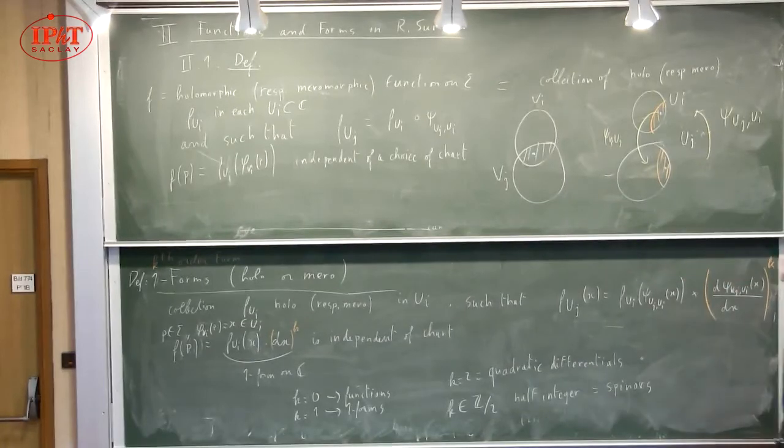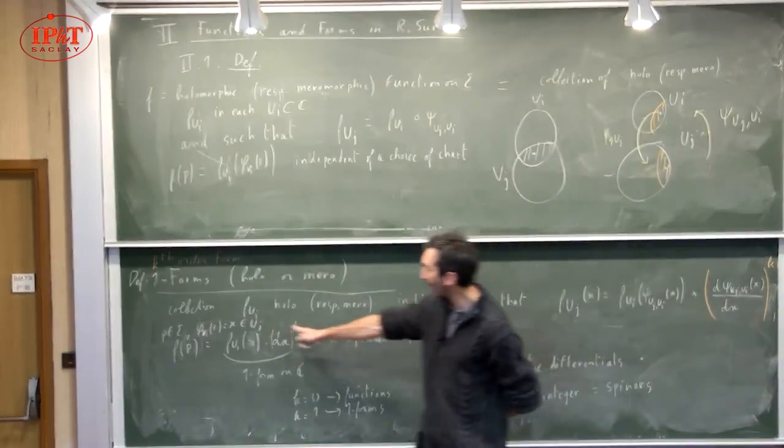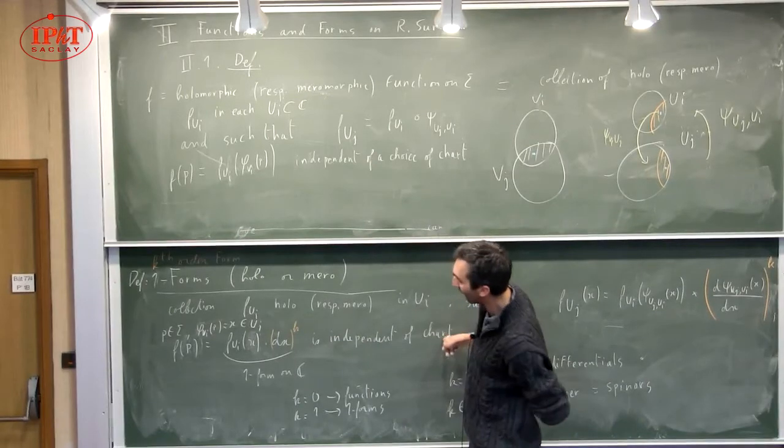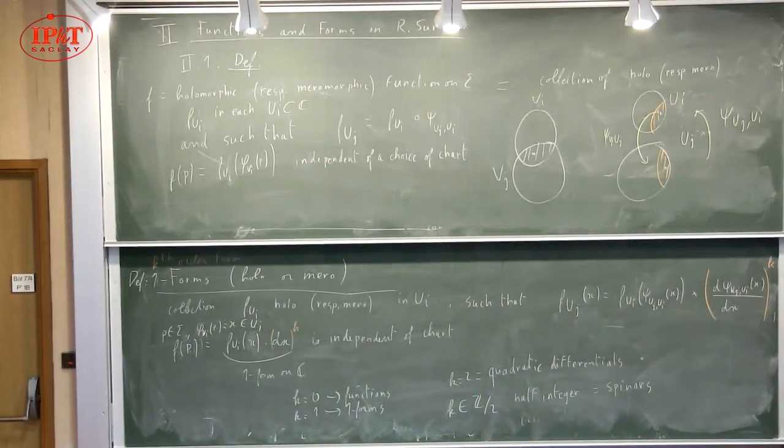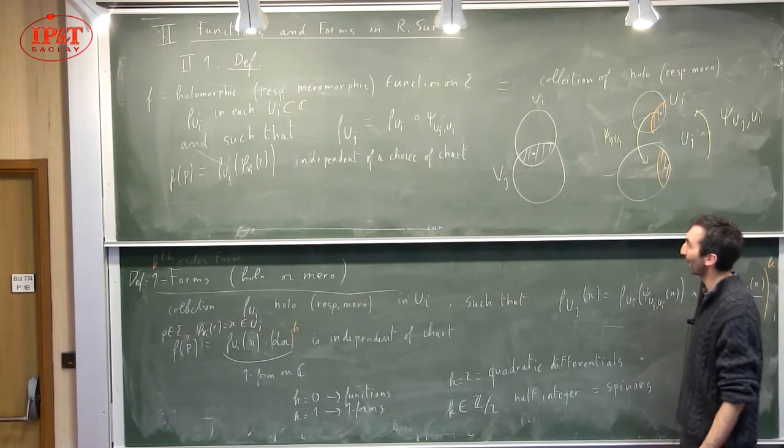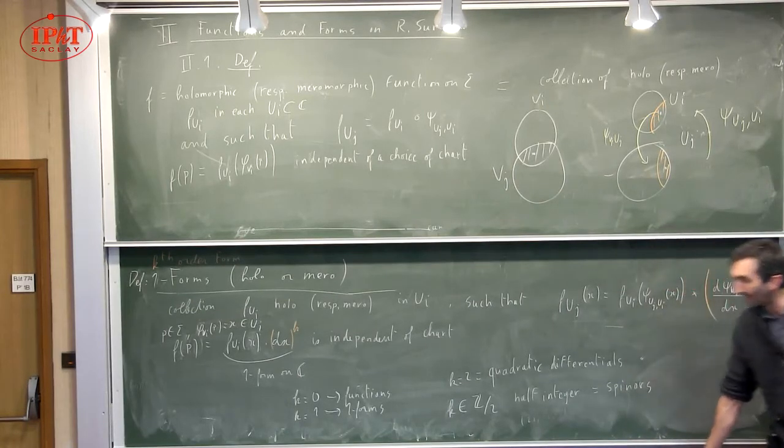For spinors, it's not totally true that this is defined independent of the chart; it's defined only up to a sign. I will not talk much about spinors, but they will come up when we consider bundles and all that. So I will stop here.